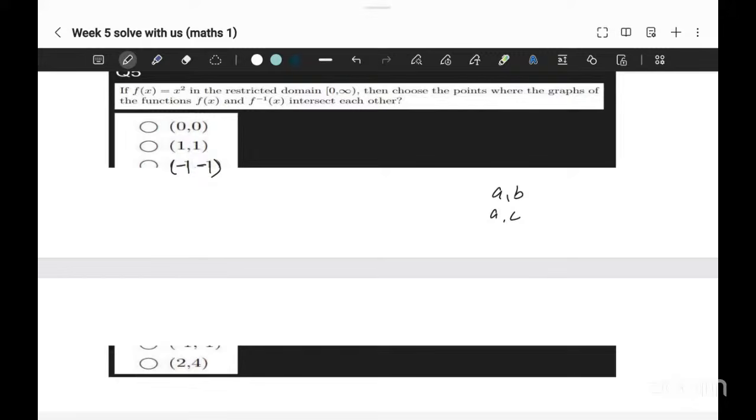Ma'am, to intersect, it has to go across, right? It can't start from that exact place. Correct?